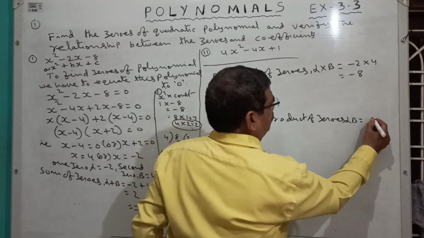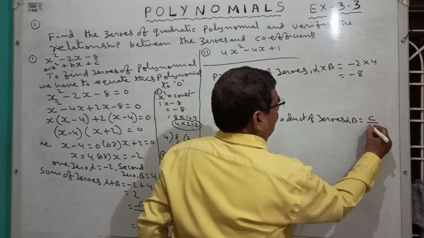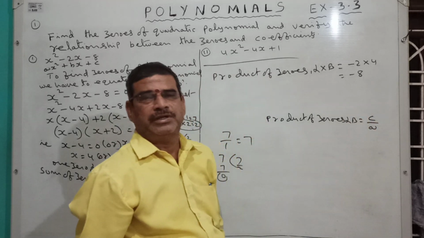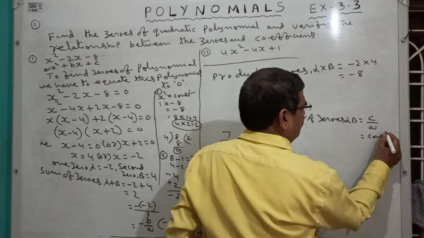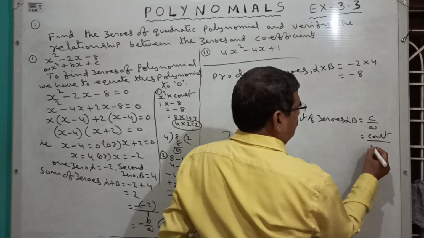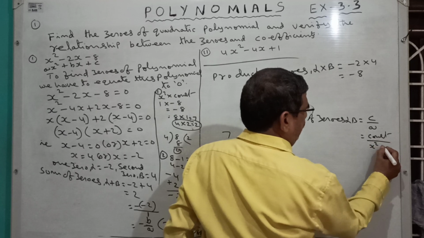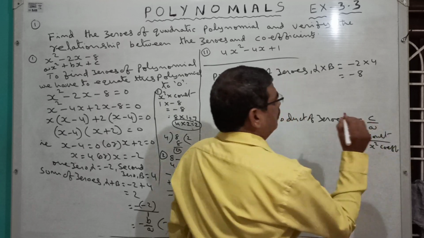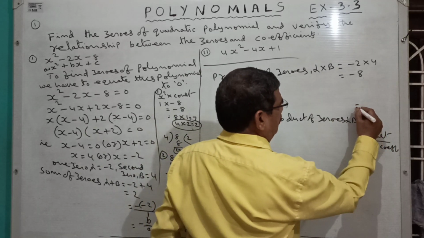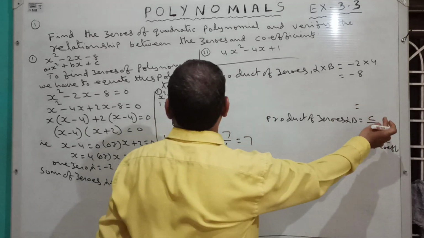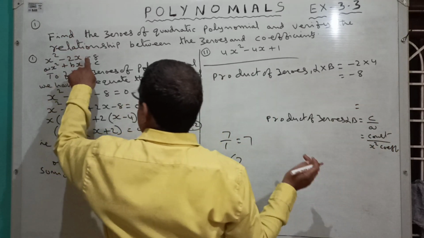Alpha beta is equal to, you know the formula, C by A. C means constant, A means x square coefficient. So next step, what is the value of C? See there, minus 8.